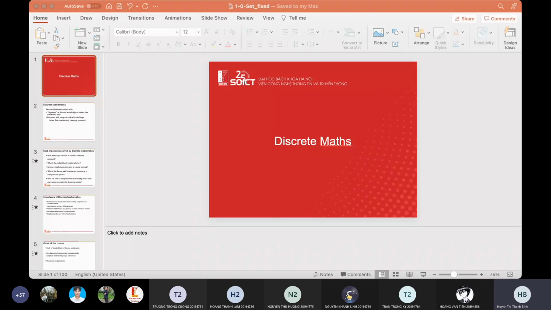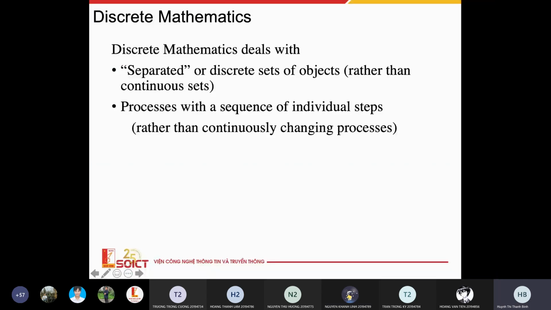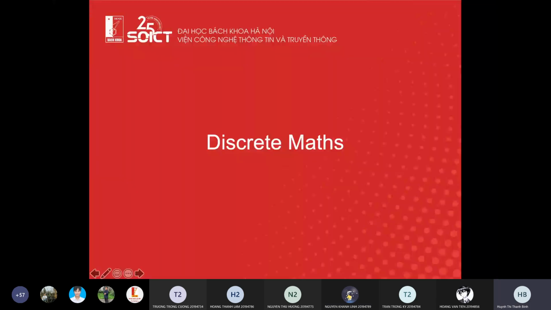Can you see the new slide? Yes. So that's all of my introduction about my research. If you are interested in the research projects and our group, please contact me.